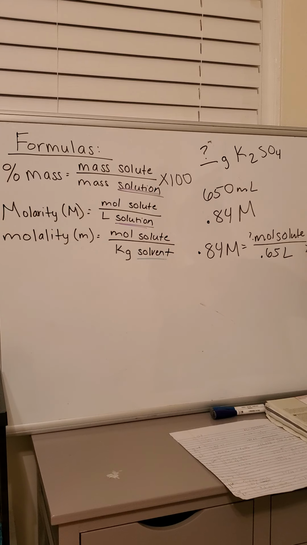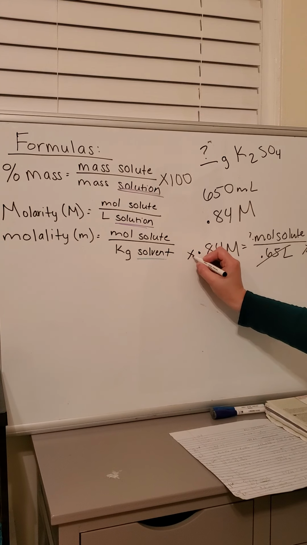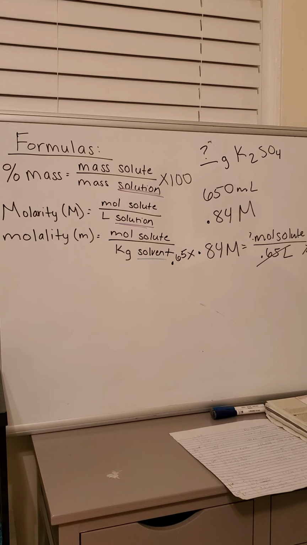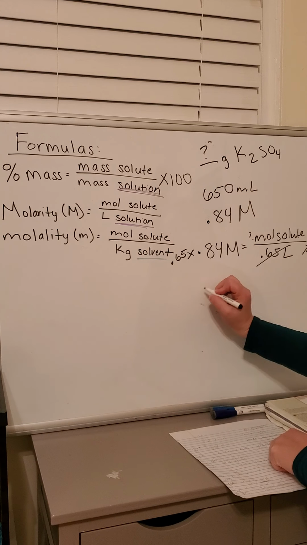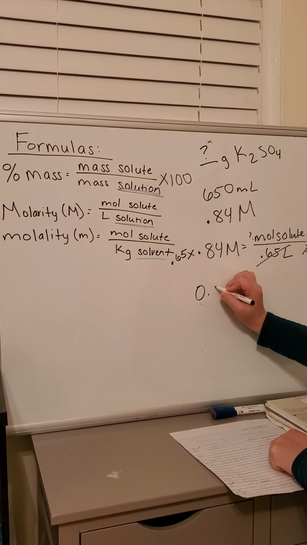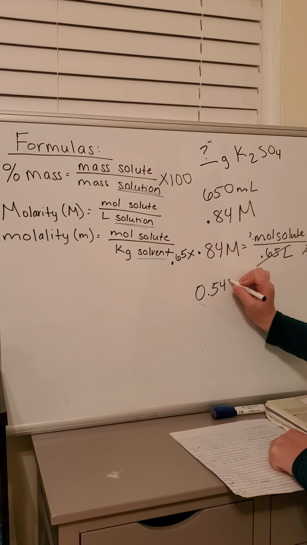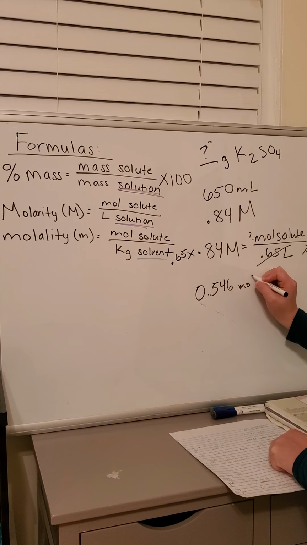So I multiply both sides by 0.65, and when I do that, the number that I get is 0.546 moles, and our solute is K2SO4.